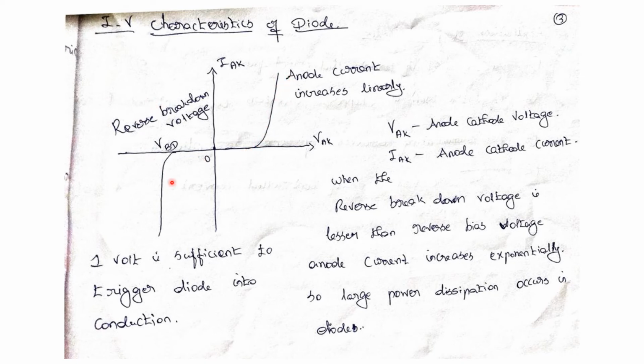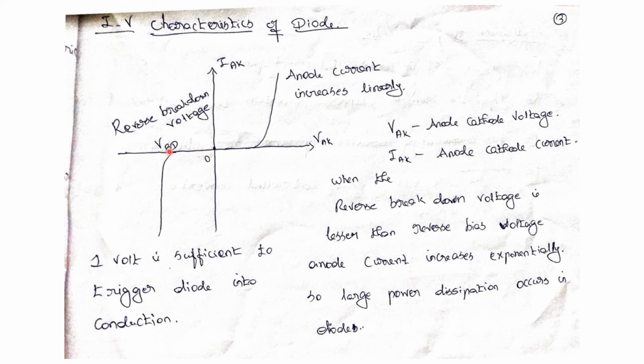This point, VBD, is known as the reverse breakdown voltage. Before this point, a certain small reverse current will be there.